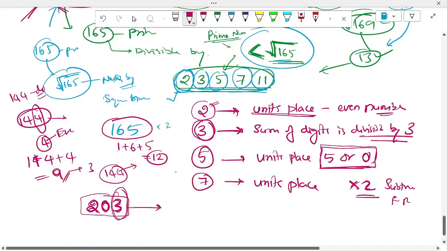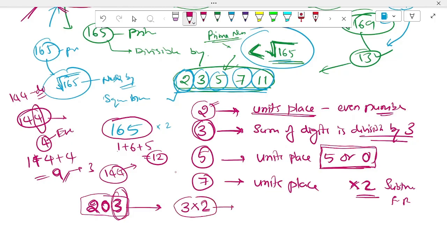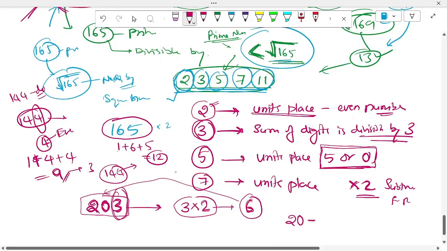What is the units place here? 3. 3 into 2 is going to be 6. Now you are going to subtract this 6 from the remaining value. That is 20 minus 6 is equal to 14. Since 14 is divisible by 7, you can say that 203 is also divisible by 7.